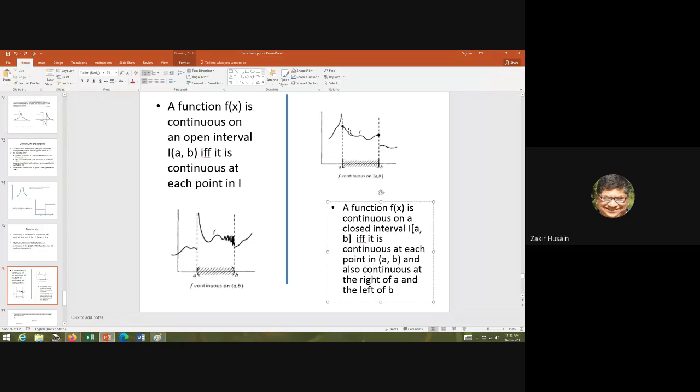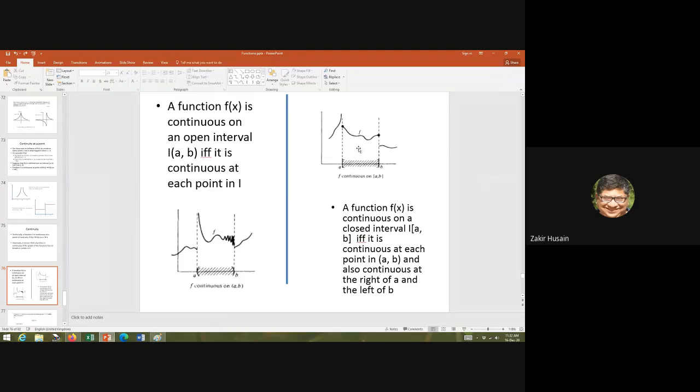So over here, basically what we are seeing, it is continuous at all points within the open interval (a, b). It is also continuous at x equal to a and at x equal to b. In that case, we say that the function is continuous in a closed interval. Okay.